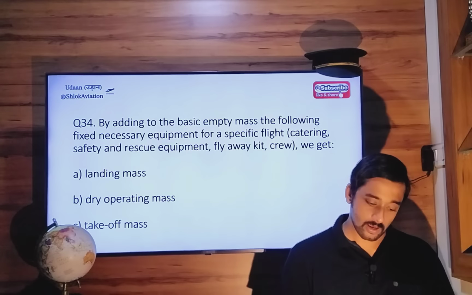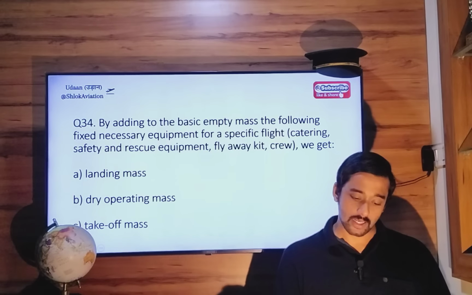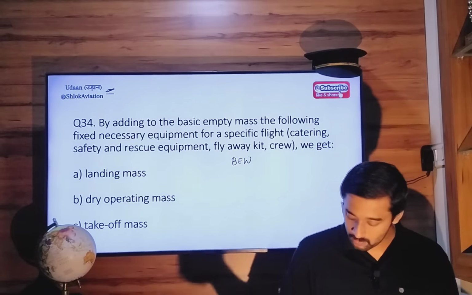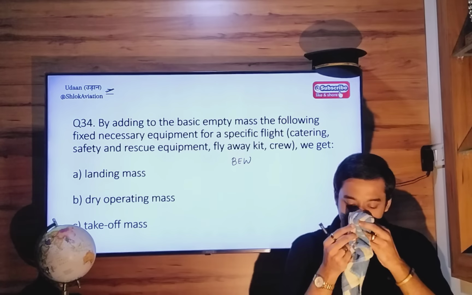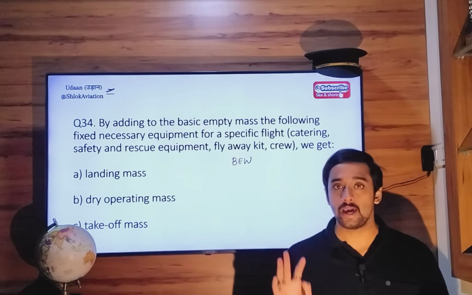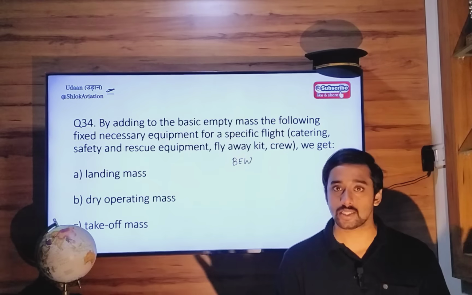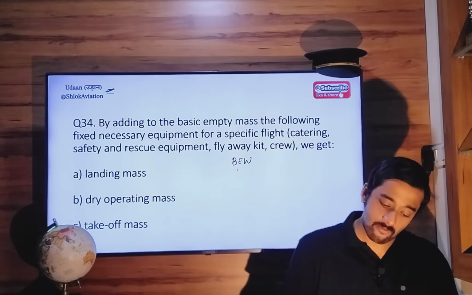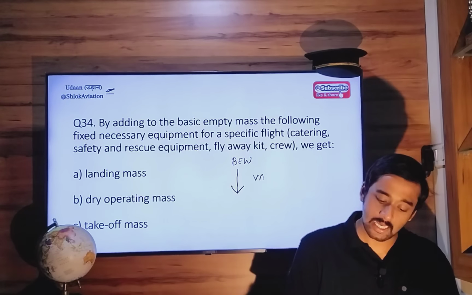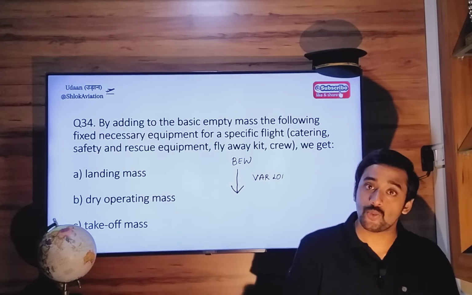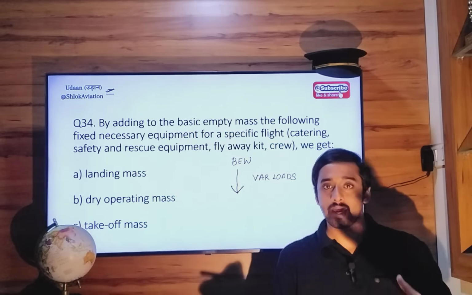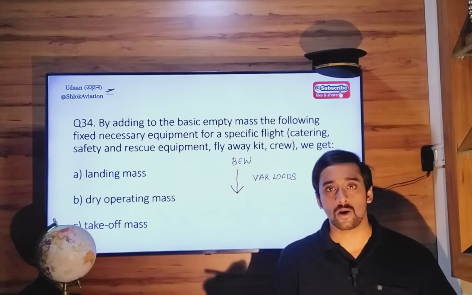Question number 34. By adding to the basic empty mass. So there is basic empty weight or basic empty mass. That is the starting weight of your aircraft, the most initial weight of your aircraft. When you add variable loads to this basic empty weight, what are these variable loads? Variable loads are nothing but crew, baggage, catering, food, water, all that.